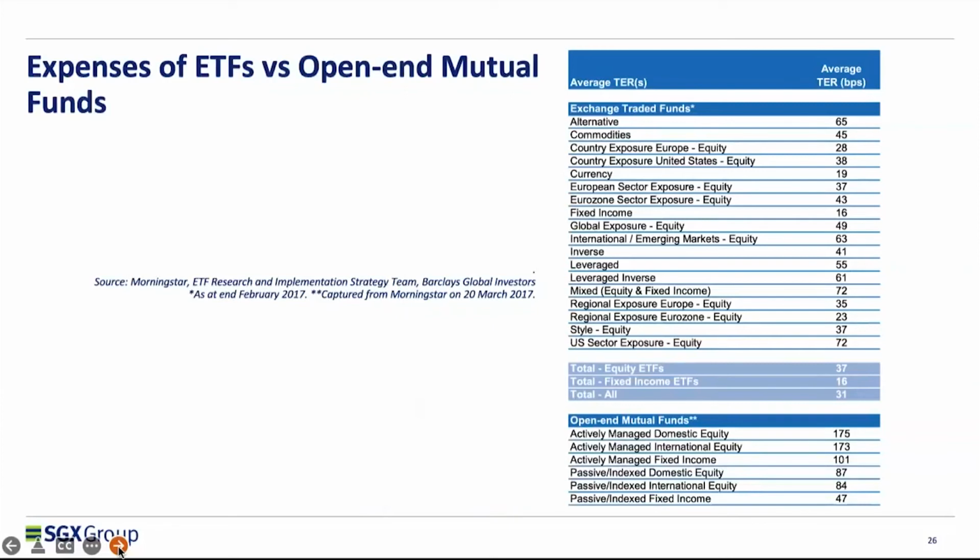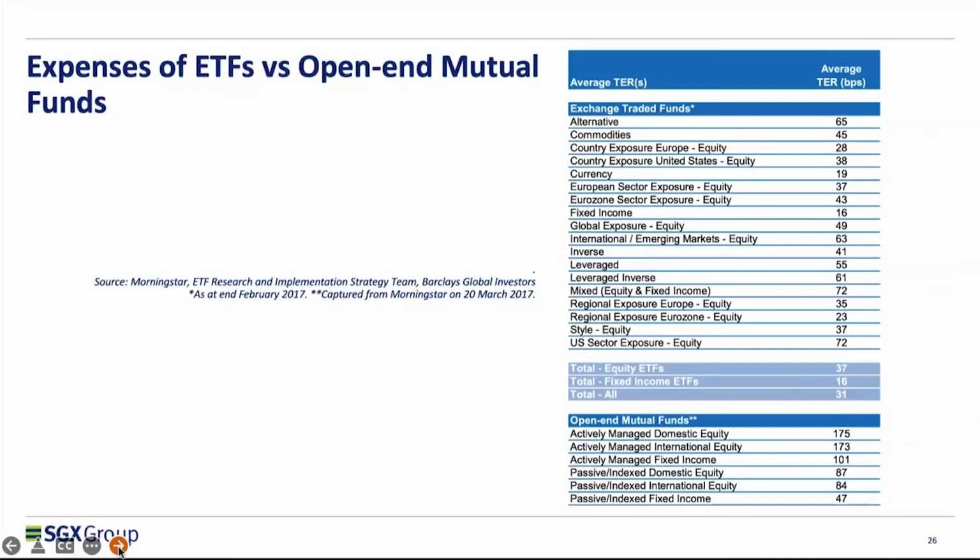Now, this is a table which gives you a bird's eye view of the various expense ratios. On the right-hand column is the average total expense ratio in basis point terms of various asset classes. So to sum it up, equity ETFs on average 37 basis points, fixed income 16. If you combine all the rest, it's about 31.